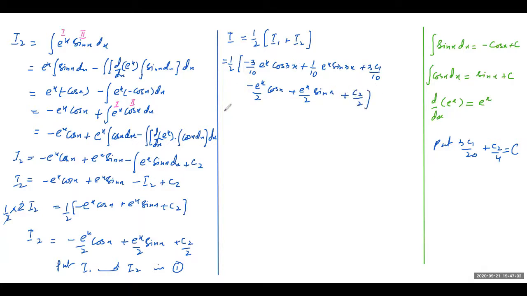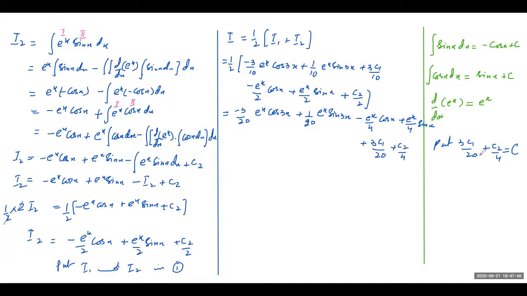Open up the bracket and you will get minus 3 by 20 e^x cos 3x plus 1 by 20 e^x sin 3x minus e^x by 4 cos x plus e^x by 4 sin x, and I have collected the two constants at the end. We get 3C1 by 20 plus C2 by 4.